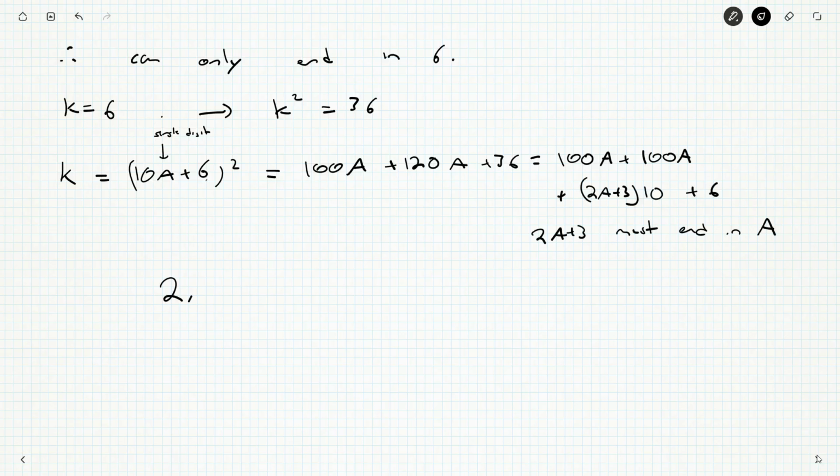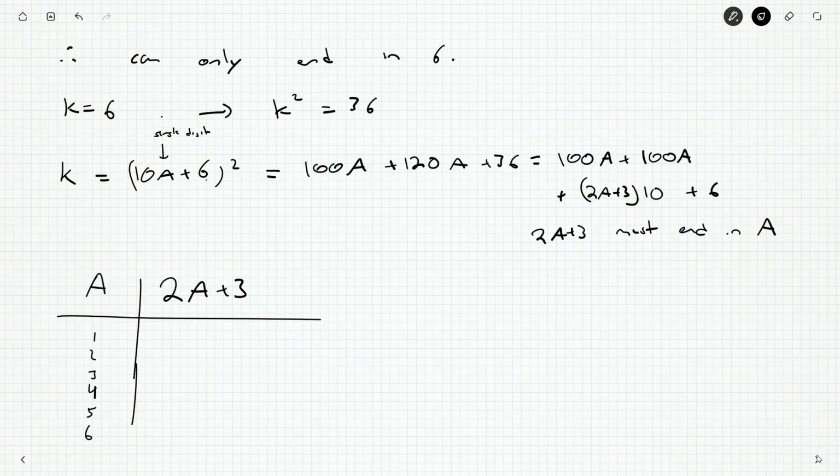So when can that happen? So 2a plus 3. A's got to be a single digit. Well, I guess it still doesn't really matter. If a were a 1 or 2 or 3 or 4 or 5 or 6, we'd get 5, that's not going to work. 7, that's not going to work. 9, no luck there. 11, nope. 13, 15.